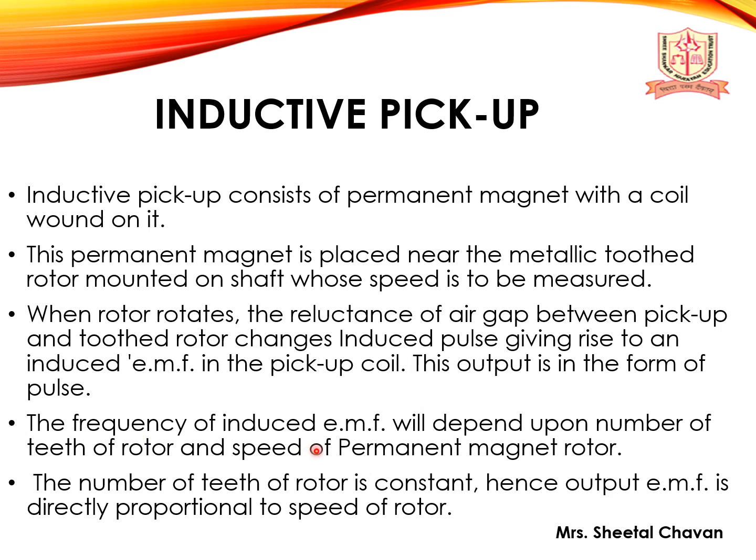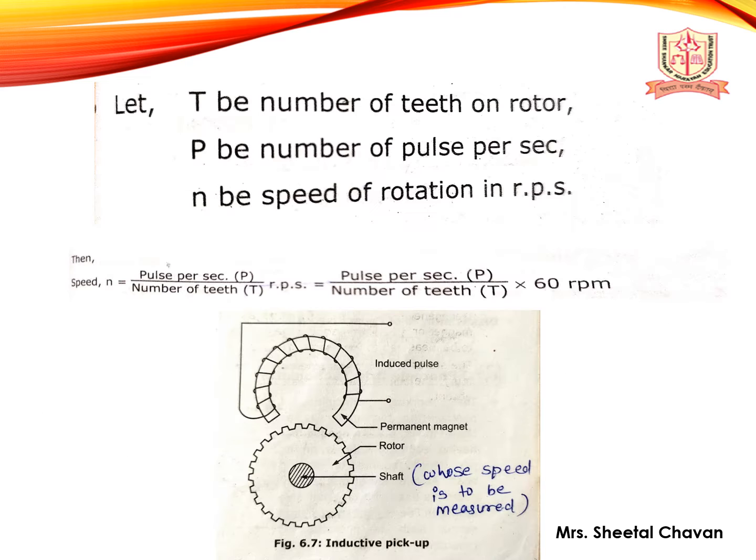The frequency of the induced EMF depends upon the number of teeth of the rotor and the speed of the rotor. The number of teeth of the rotor is constant, hence the output EMF is directly proportional to the speed of the rotor. Now this is the diagram of the inductive pickup.